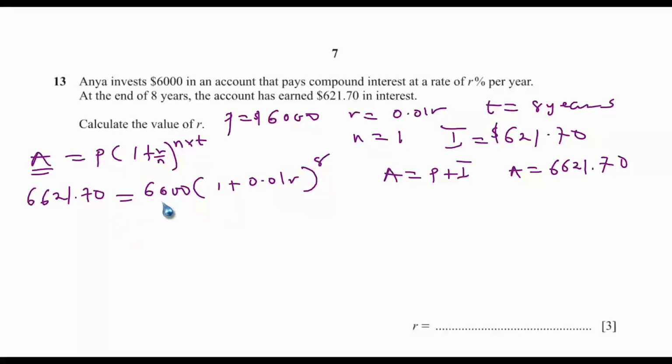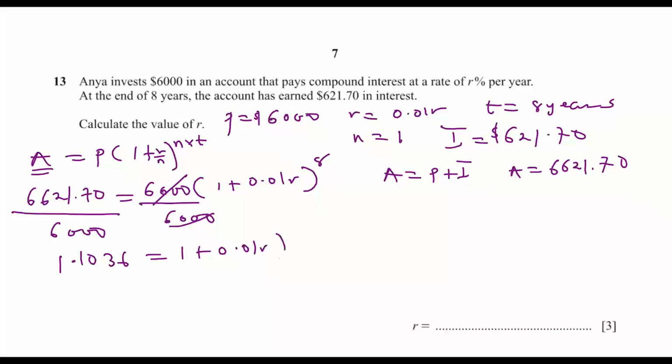Okay, so we can easily divide both sides by 6,000, so that this cancels this. If you divide 6,621.70 by 6,000, you get 1.1036, which equals (1 plus 0.01R) to the power of 8.